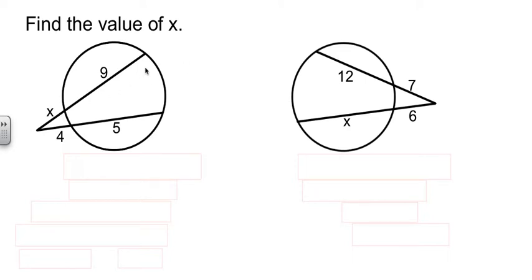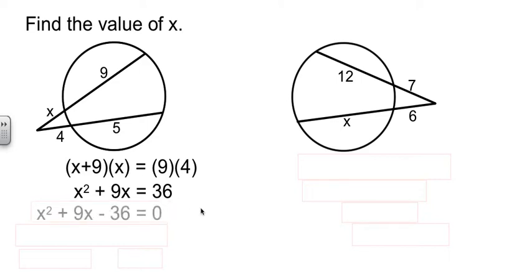We have two secant segments. The theorem says the whole segment here, so x plus 9, times the outside part, which is x, equals the whole segment, 4 plus 5 is 9, times the outside part. Distribute.